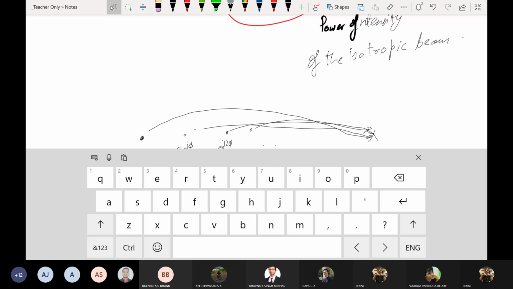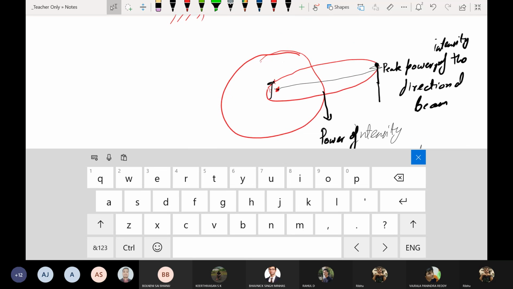Via some manipulation, we can have this kind of a beam, or make all the power point wherever we want it to. We can use a reflector, we can use an antenna array, we can play a lot of tricks.